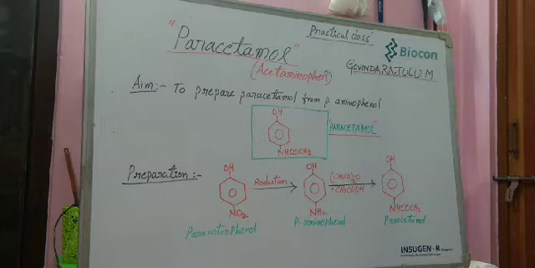So, what are the uses of paracetamol? Paracetamol is generally used to provide temporary analgesia in the treatment of mild to moderate pain, as it is more effective in relieving low intensity pain of non-visceral origin.